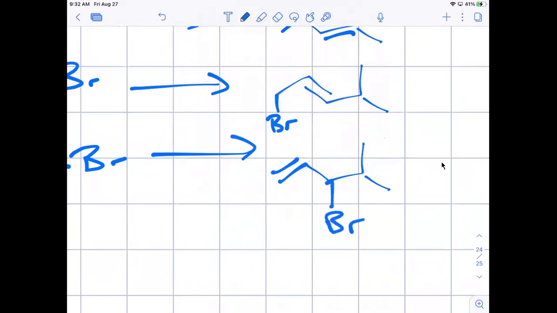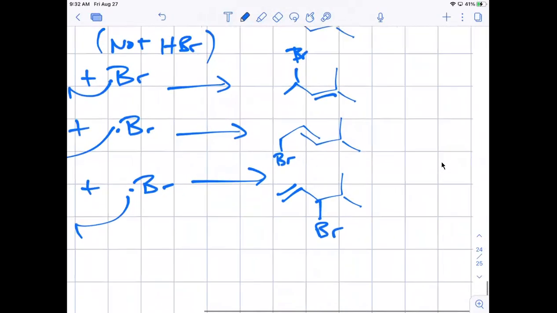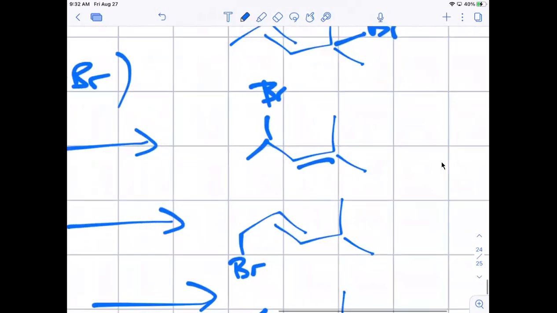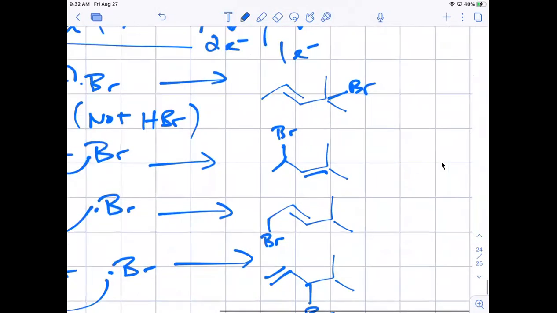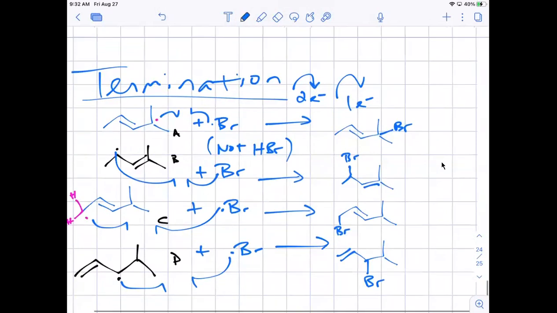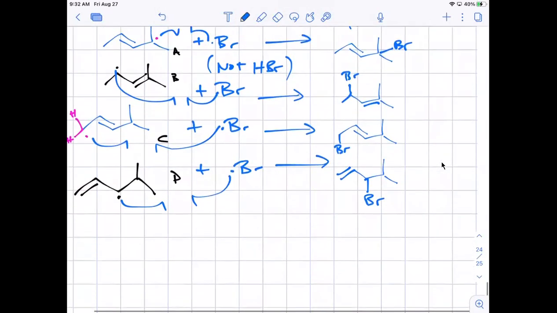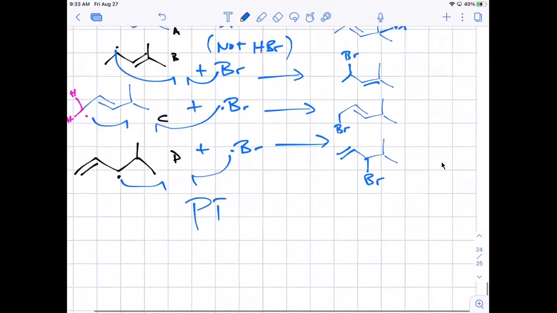All right. So those are my 4 products that I'm going to make by doing allylic bromination on this alkene. All right. So now let's talk about another aspect of this, which is, again, the product distribution.